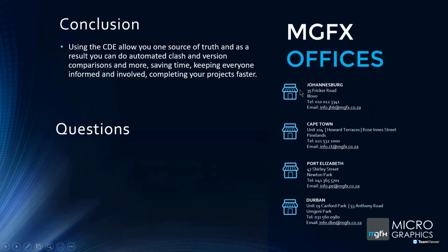So, looking at this as an overview, the idea is this common data environment has one source of truth. Everybody works off that one piece of data, and it just makes sense. There's no worries that you're working on older information, and obviously, the automated things like the clashing and the version comparison saves you hours of time, right?